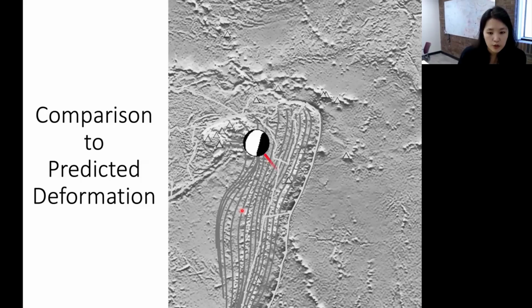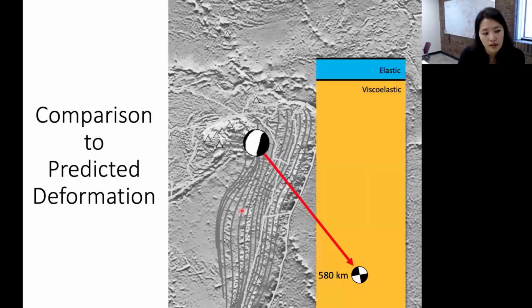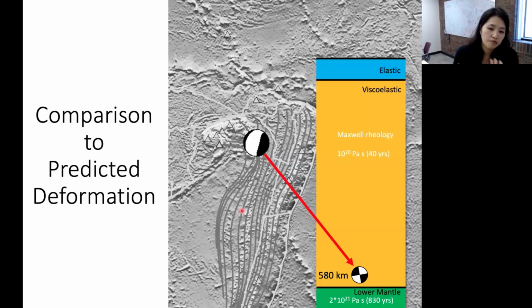So we can put this earthquake mechanism at its focal depth of 580 kilometers, and we need some mantle viscosity structure to do the modeling. And we can start with the simplest model, where upper mantle is about 10^20 Pascal second, which is one of the most commonly used values.